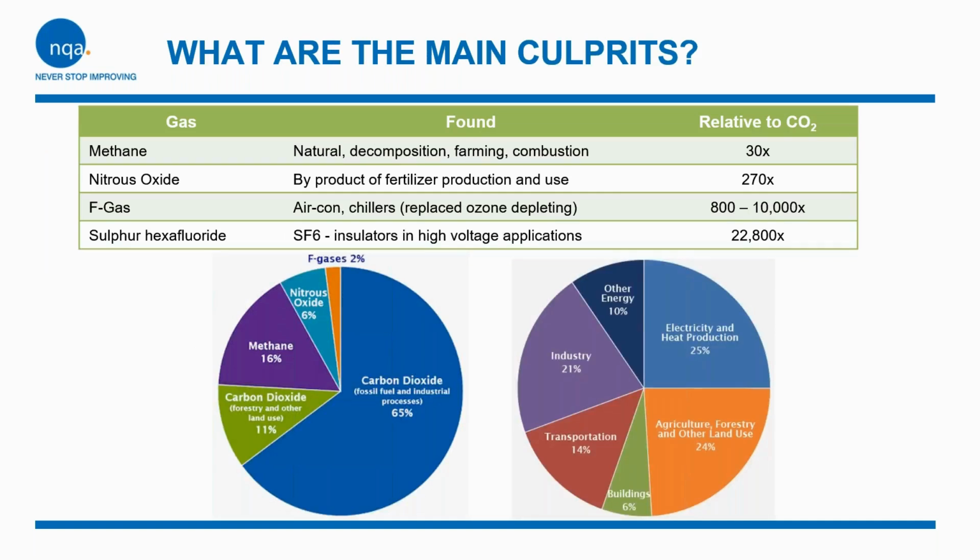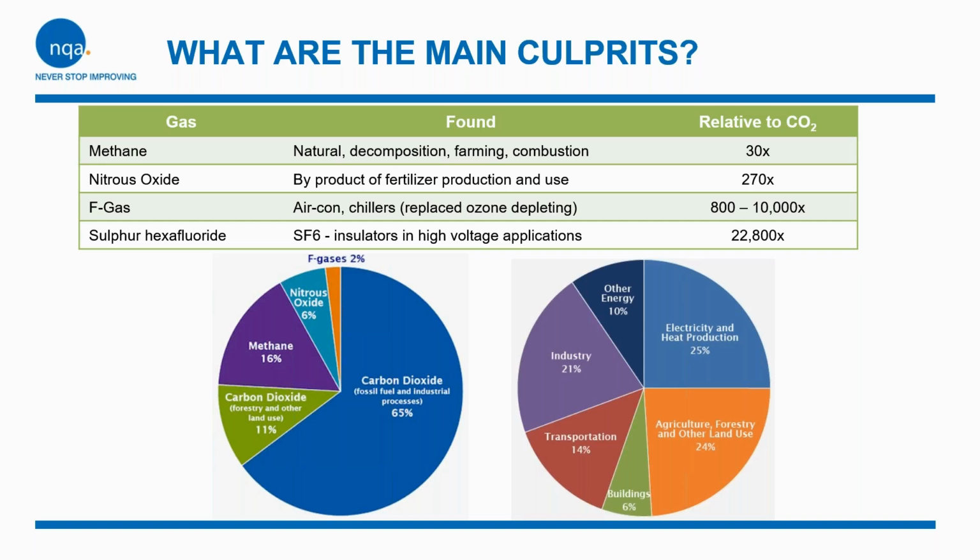So the main culprits, what are they? Obviously, carbon dioxide is one of, if not the main culprit, as you can see from the left-hand pie chart. Carbon dioxide through fossil fuel burning and other industrial processes, industrial and chemical processes that produce carbon dioxide, account for about two thirds of the total greenhouse gases in the atmosphere.